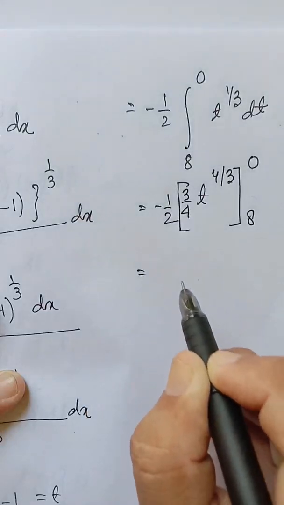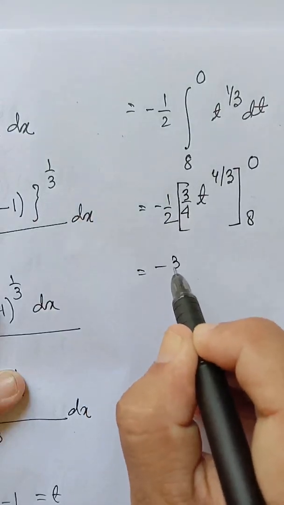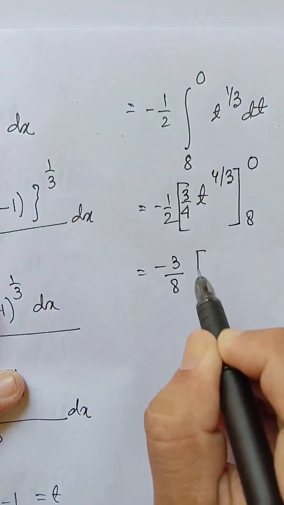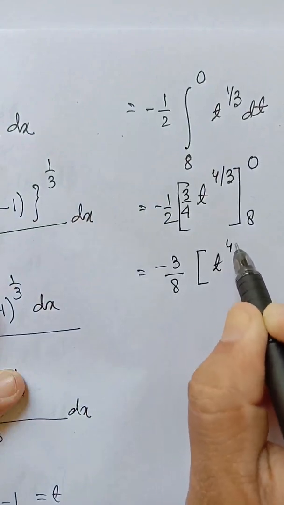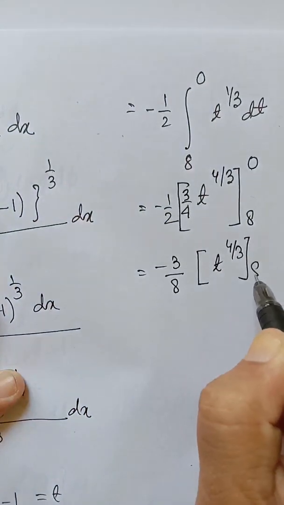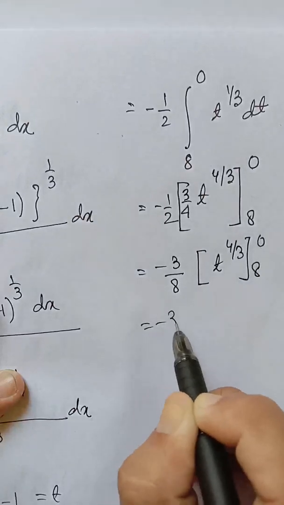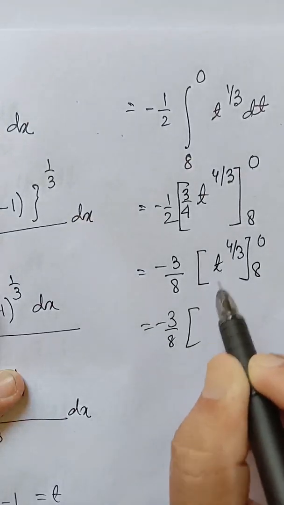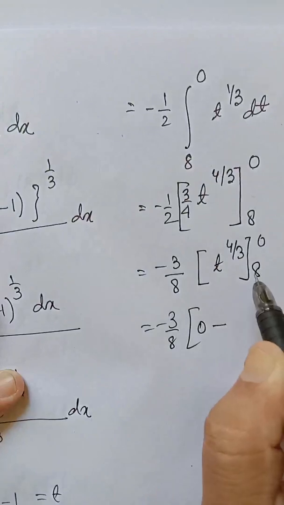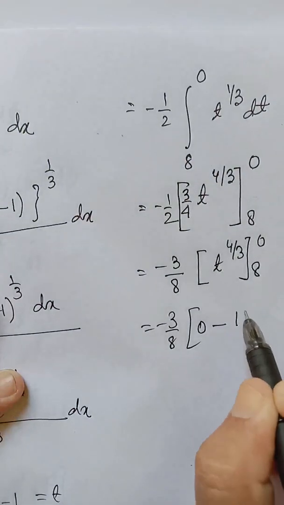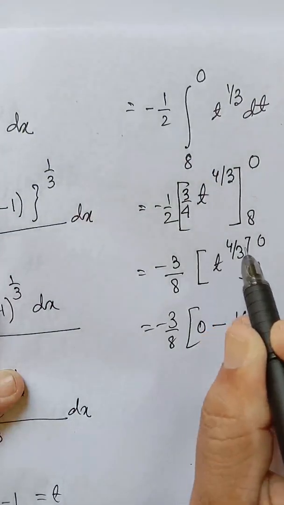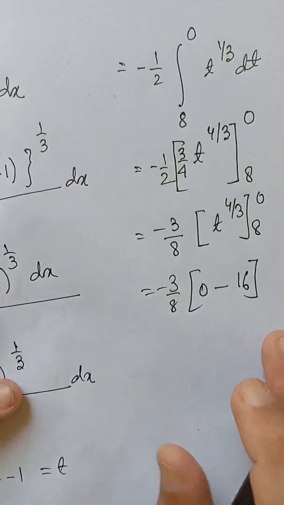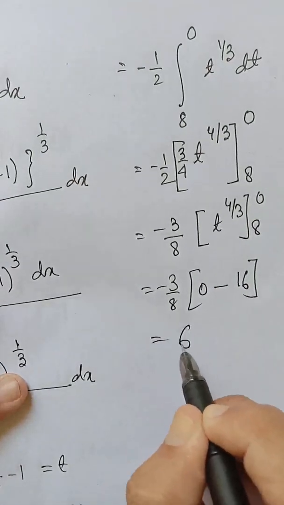So minus 3 by 8 t to the power 4 by 3, limit from 8 to 0. Minus 3 by 8. If we put t equal to 0, it will be 0. Minus, if we put t equal to 8, it will be 2 cube, 3 should get cancelled, 16. So ultimately the answer is 6.